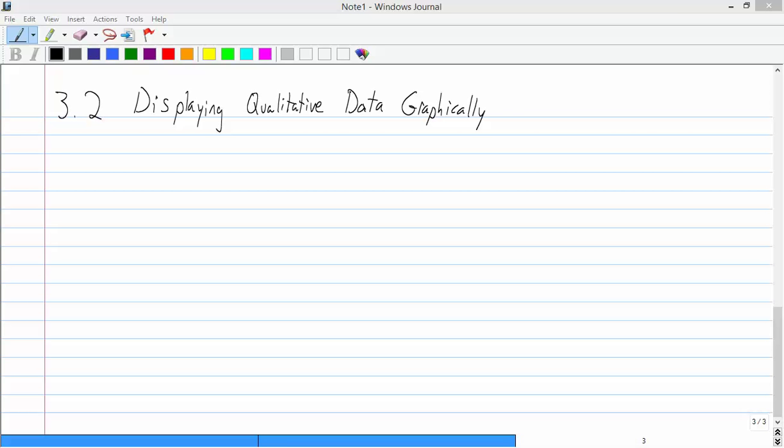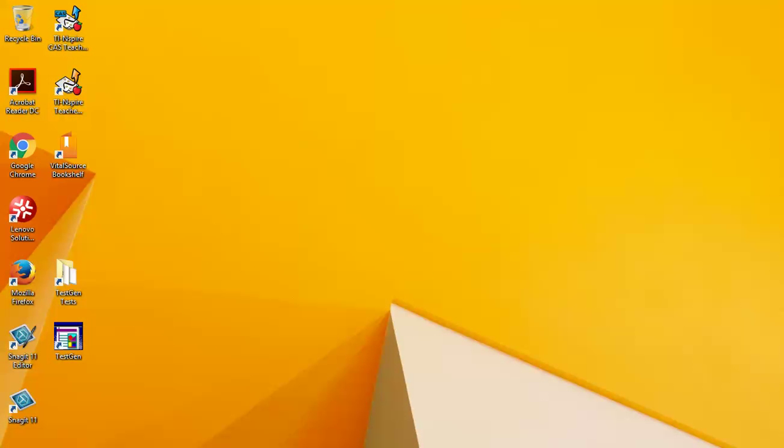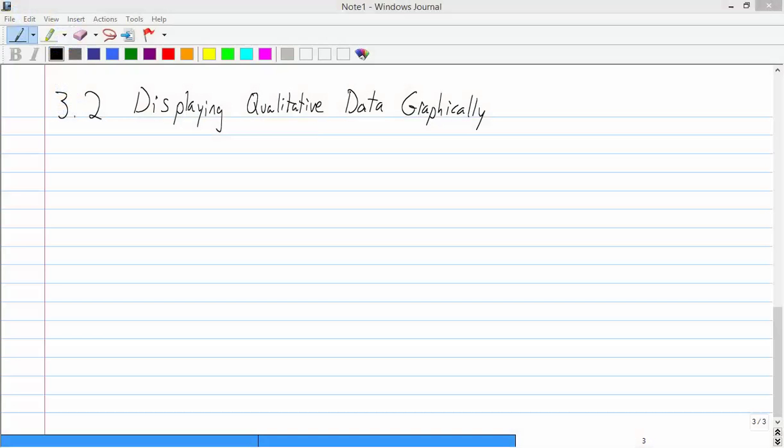So as long as it is a well-designed graph, then of course it would be worth looking at. A lot of times pictures can say 1,000 words. I'm sure you've heard that saying.